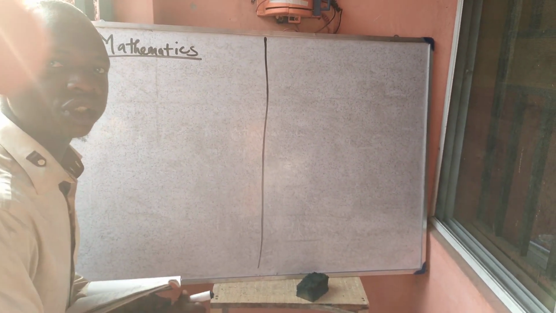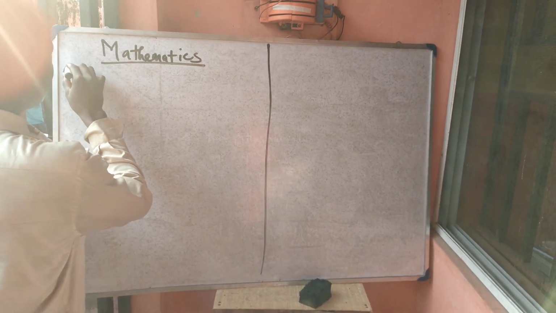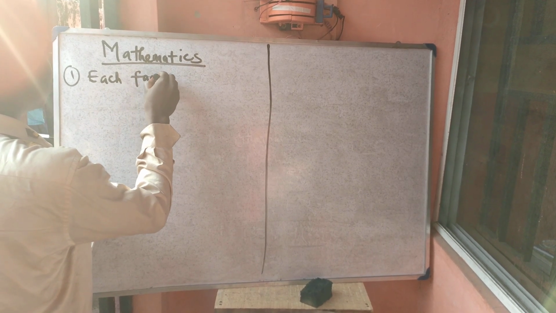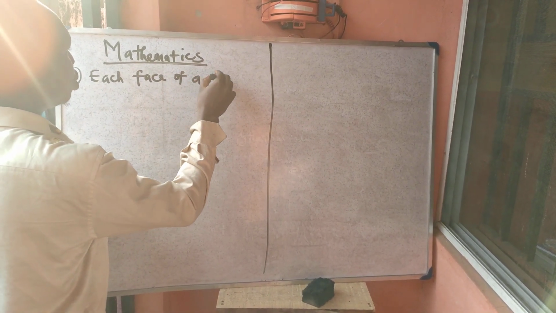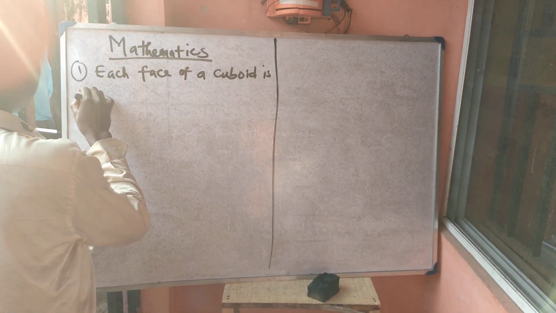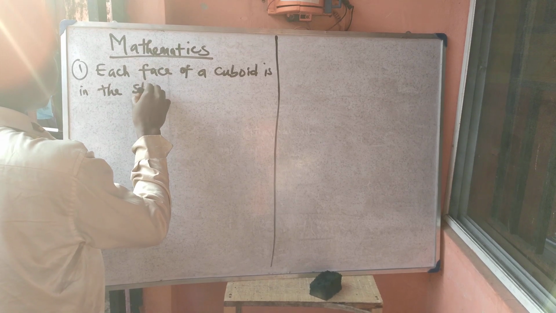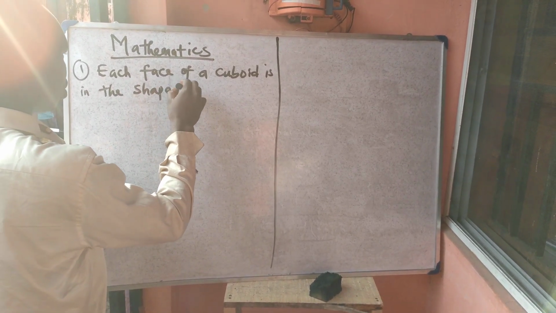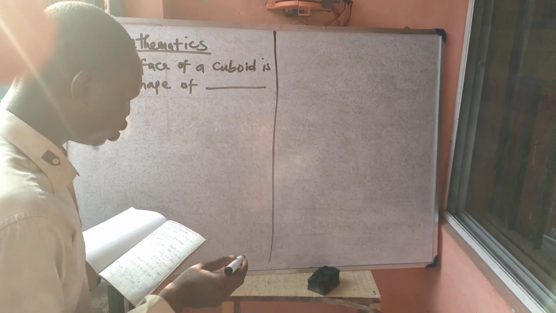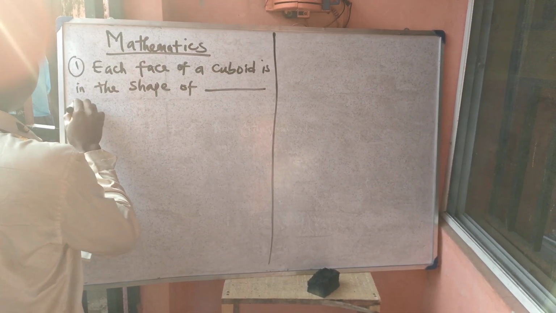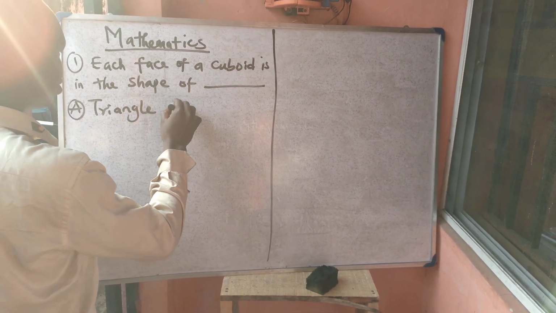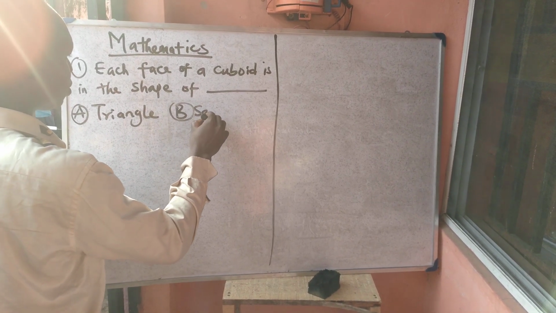Alright, now the first question says: each face of a cuboid is in the shape of dash. A, triangle. B, square.